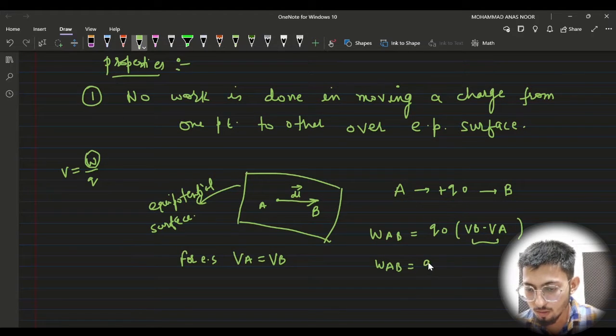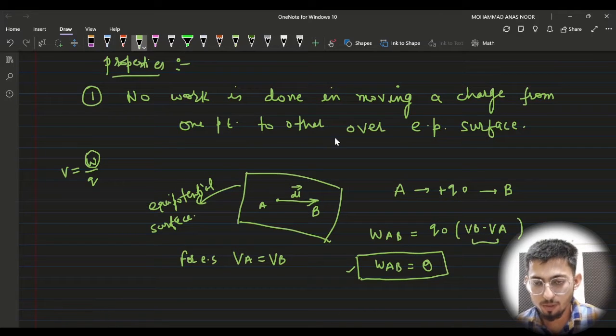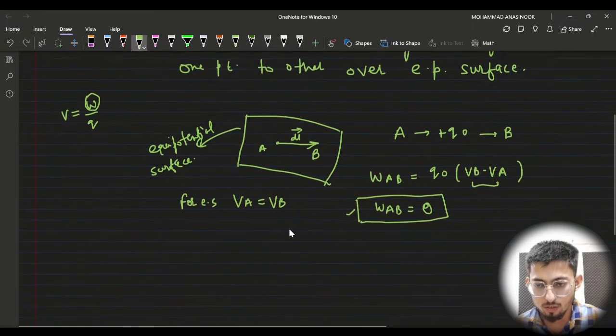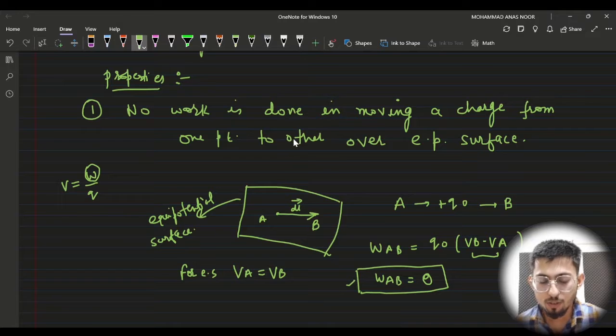Q0 into 0 would be 0. That proves that no work is done in moving a charge from one point to another, because the potential at every point is same. This is the first property of equipotential surface, that you can move any charge from one point to other without doing any work.